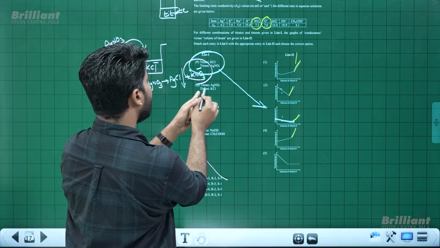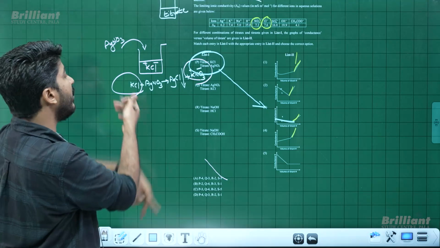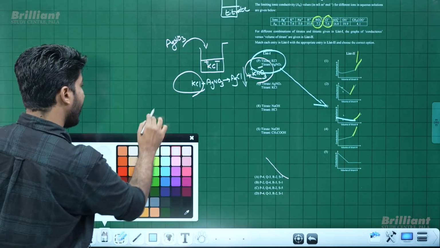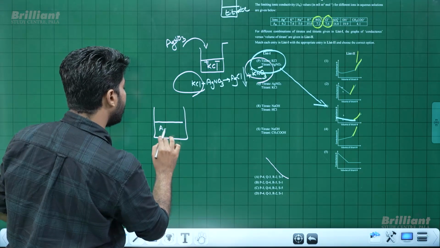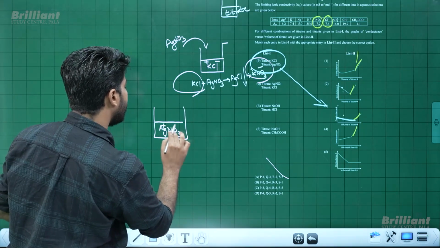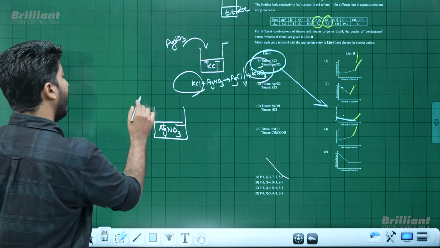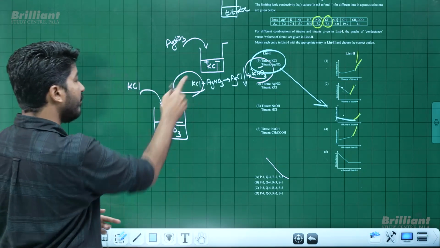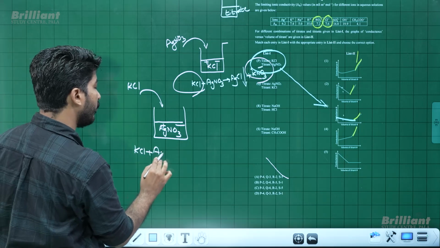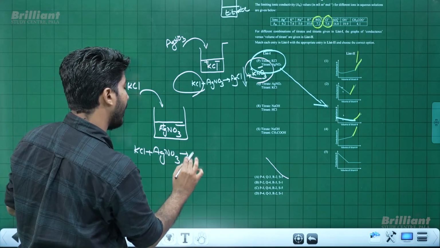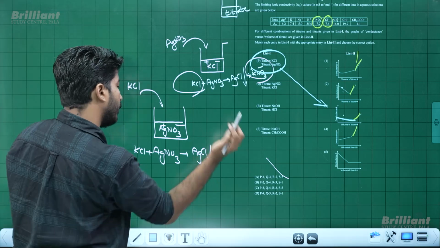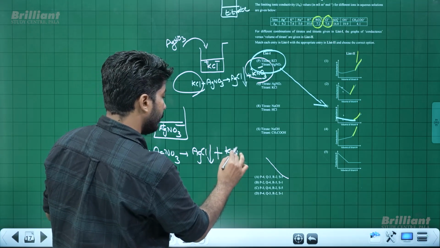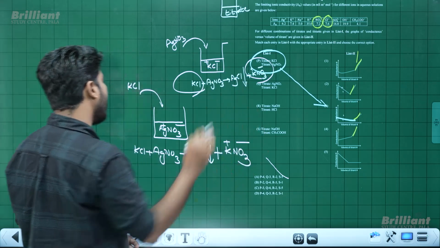In the second case, we are adding KCl into AgNO3, the same reaction but in the reverse order. We are taking an AgNO3 solution in which Ag plus ions and NO3 minus ions are free to move, and into that KCl is being added. With each KCl addition, the same reaction occurs, KCl plus AgNO3 giving rise to AgCl precipitate, which does not come into conductance measurement, and finally KNO3, which stays in the solution.